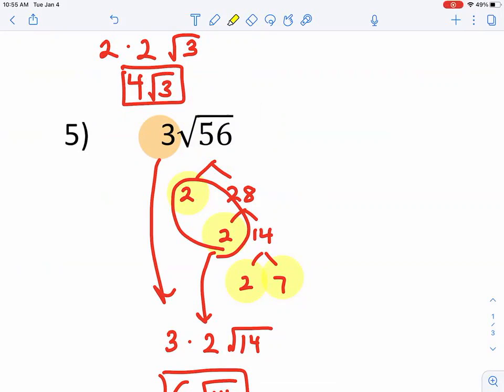You can use your calculator and divide it by 2, but if it's not divisible by 2, then try 3. And if it's not divisible by 2 or 3, then try 5. You want to work your way through the primes, but it almost always works with either 2 or 3 or 5. And then sometimes 7 or 11 or so on, but typically those 3 work.